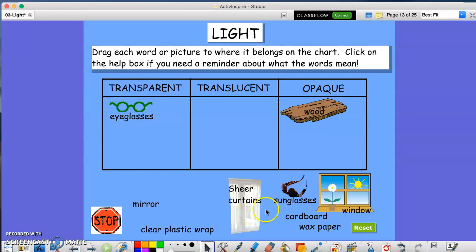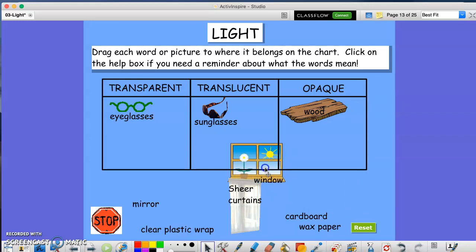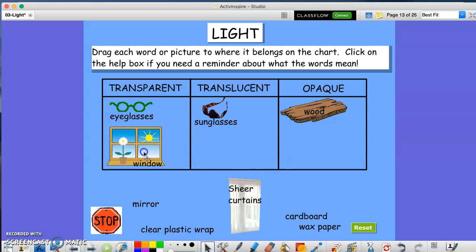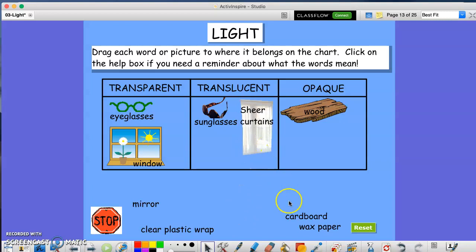How about sunglasses? If you think those are translucent, they kind of let some light in, but not all light in. How about the window? If you think that's transparent, good job. How about sheer curtains? I kind of see through them, but not quite all the way, so that will be translucent.